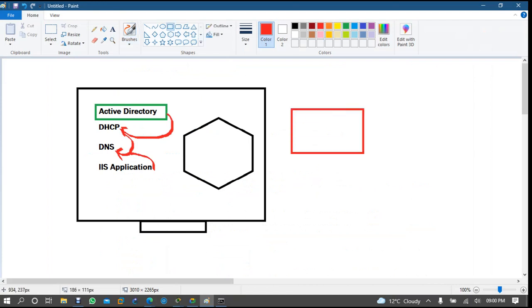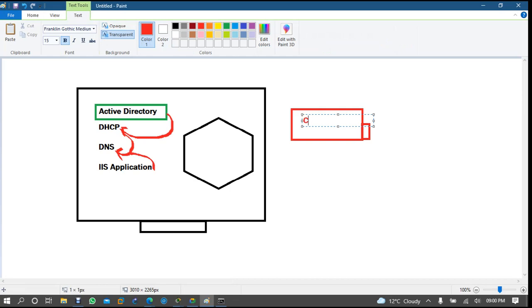This is not important, but let me explain. Suppose this is my LAN card, and this LAN card is of Cisco Systems. This LAN card is of 48 bit, so 24 bit and 24 bit. 24 bit is of the organizational unique identification, the OUI, and the other 24 is for the vendor, meaning the device ID.